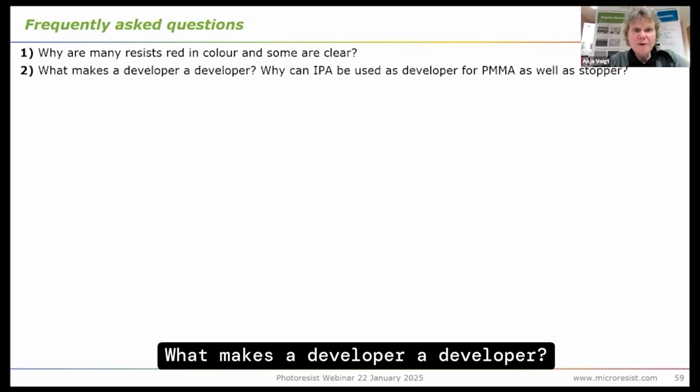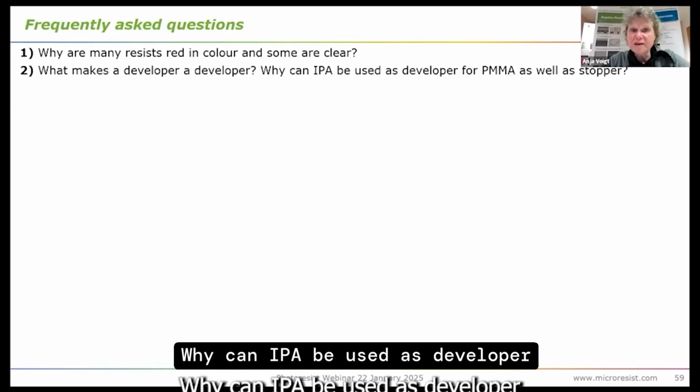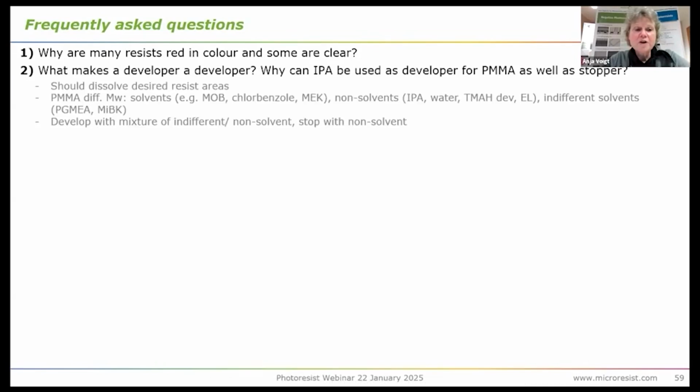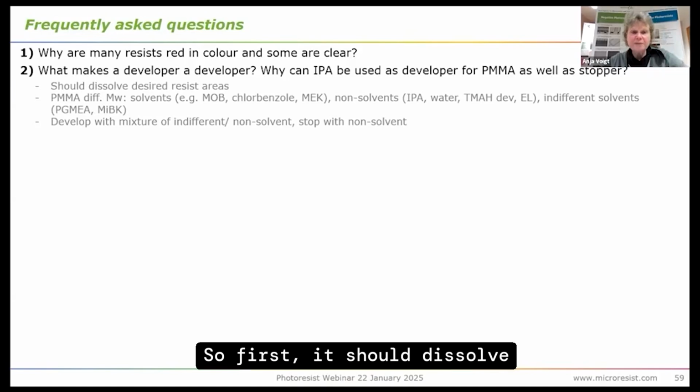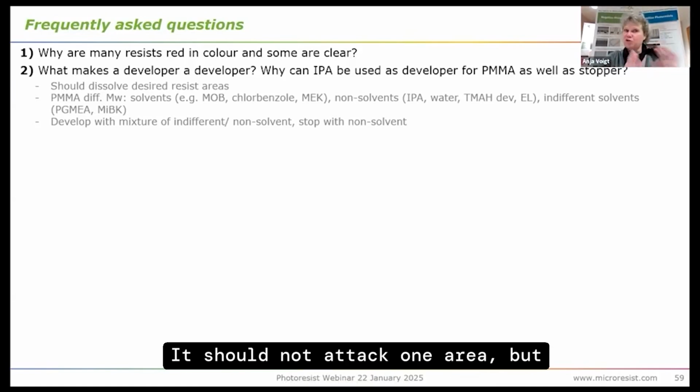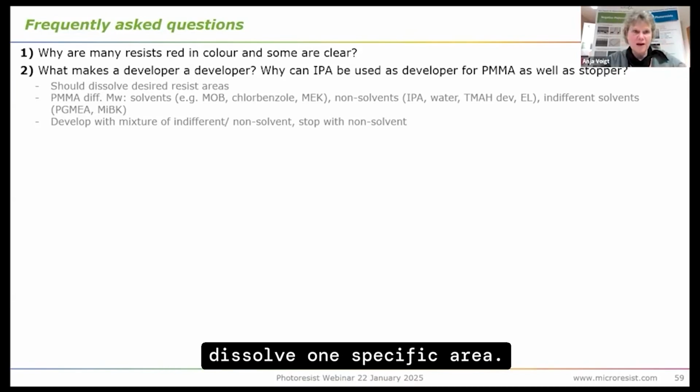What makes a developer a developer? Why can IPA be used as developer for PMMA as well as stopper? First, the developer should dissolve the desired resist area. It should not attack one area, but dissolve one specific area.